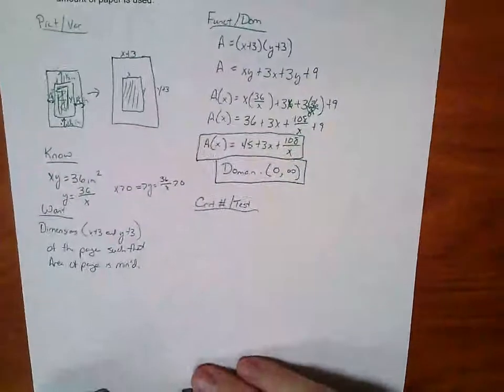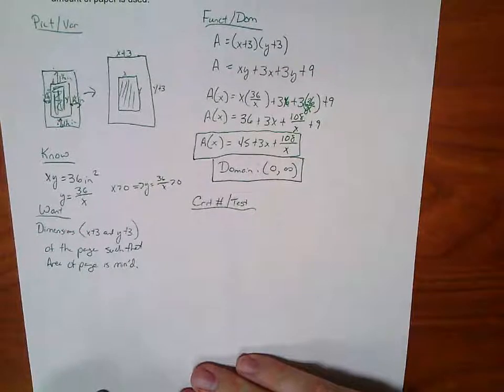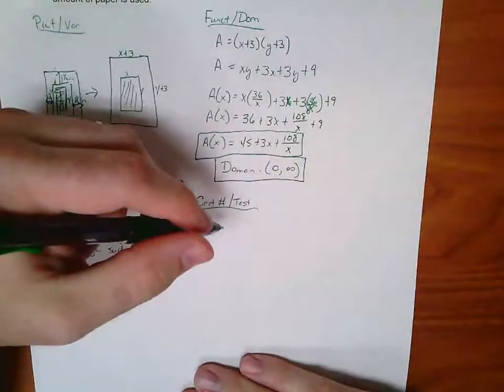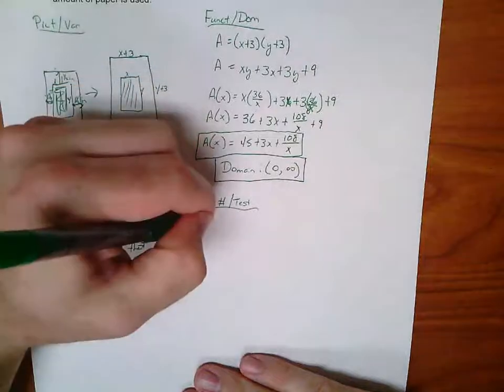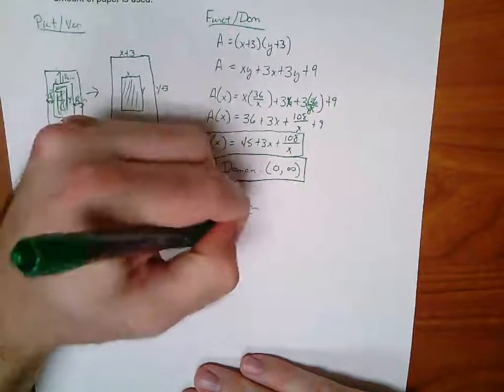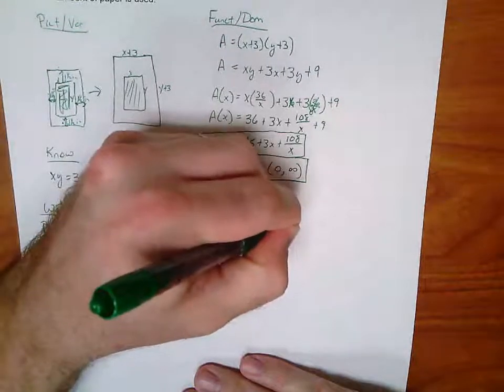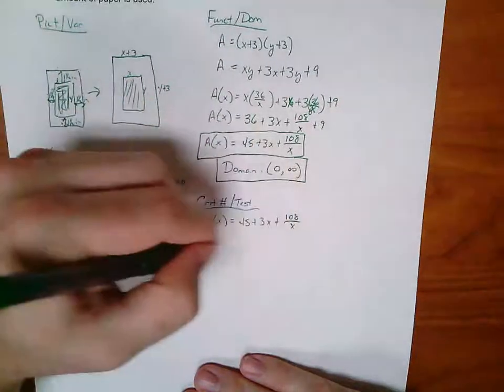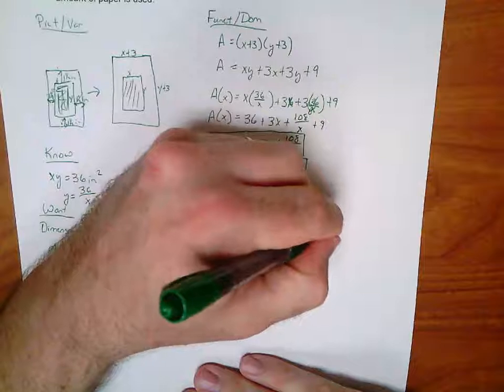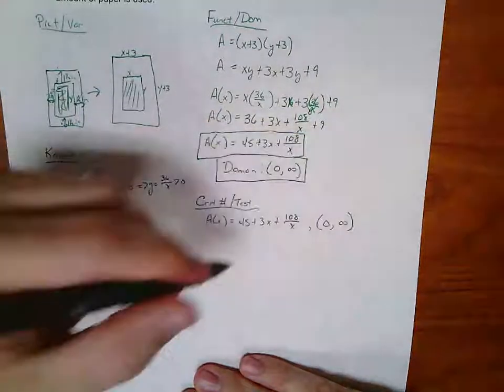So remember, to do that, what do we have to do? That's right. We have our function and the domain. A of x is 45 plus 3x plus 108 over x on the interval 0 to infinity.